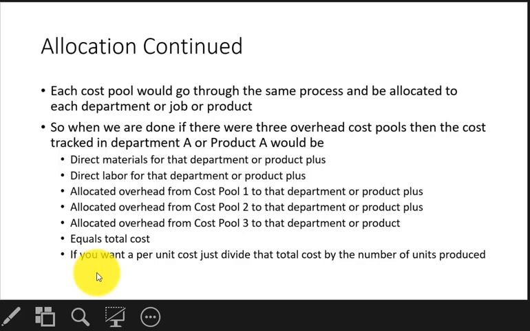So if you make 3,000 units, you divide your total cost by 3,000, that's your cost per unit. That will help you determine what you should charge your customers, because you want to cover the cost of making the product when you set a price.